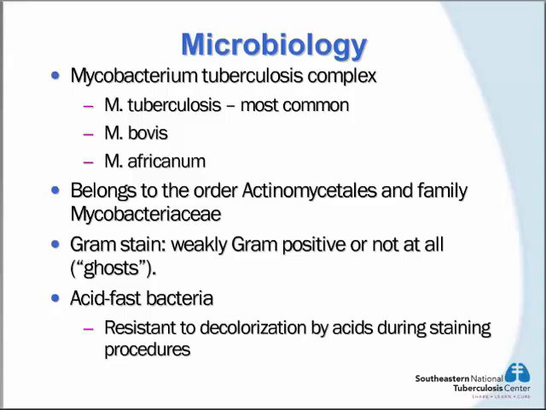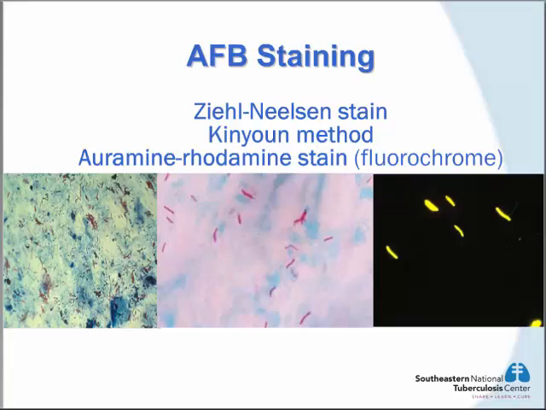So these organisms are acid-fast bacteria, which means that they are resistant to decolorization by the acids used during staining procedures. The classic AFB staining procedures are the Ziehl-Neelsen stain and the Kinyoun method. And in these, the bacilli stain bright red under a background of blue or green.